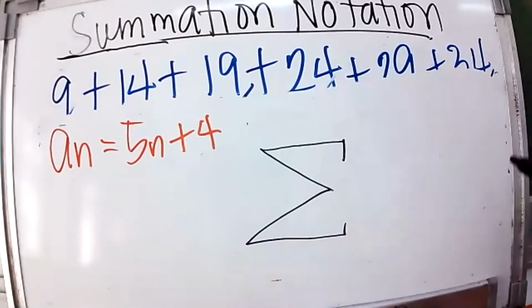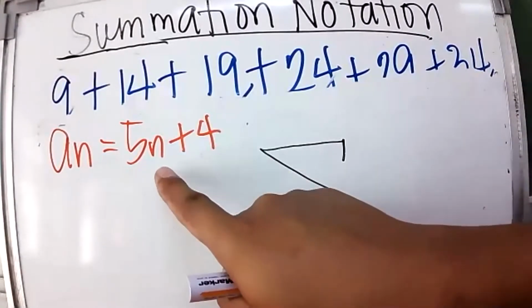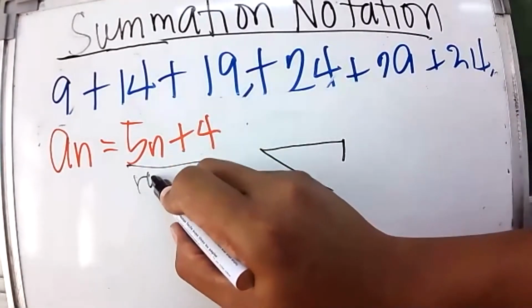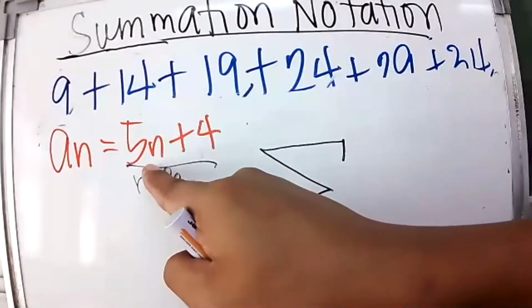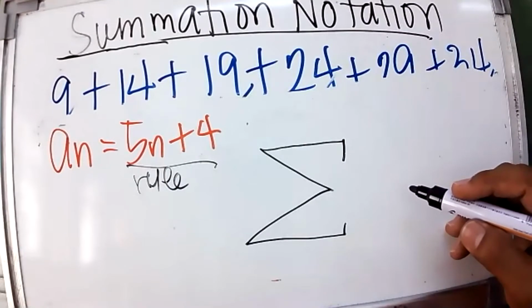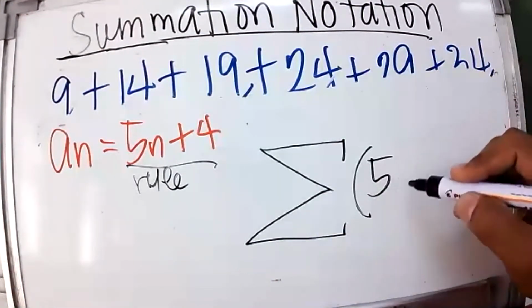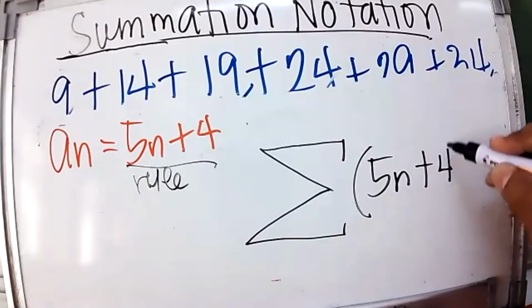In our summation notation, what we will be putting here is the rule of our explicit form. So what's our rule? Say it. 5n plus 4. Exactly. So our rule is 5n plus 4.